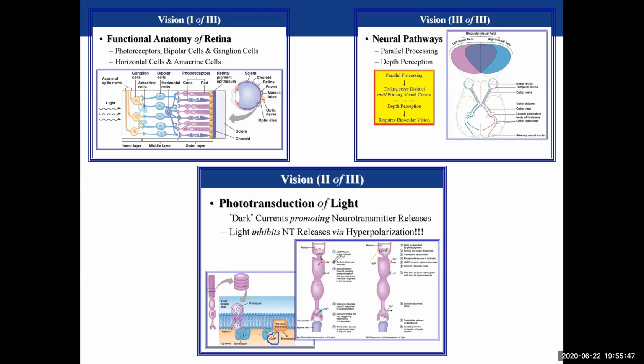So sodium channels are open, allowing sodium influx. There's potassium efflux here, but there's a net incoming of positive charge that depolarizes the membrane. That depolarization is picked up by the voltage-sensitive calcium channel, inducing calcium influx, releasing neurotransmitters.